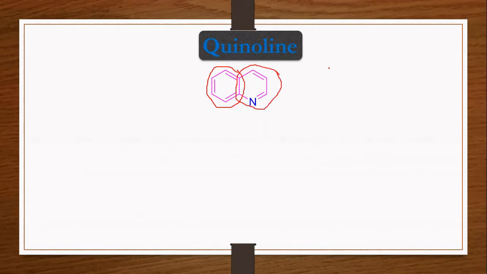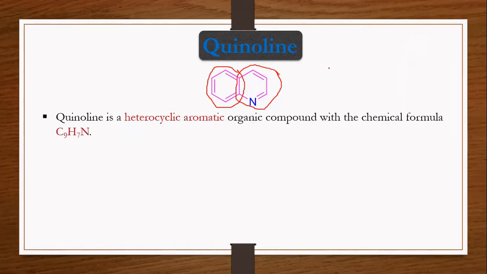Both the rings are aromatic and thus this quinoline is an aromatic heterocyclic compound having formula C9H7N.